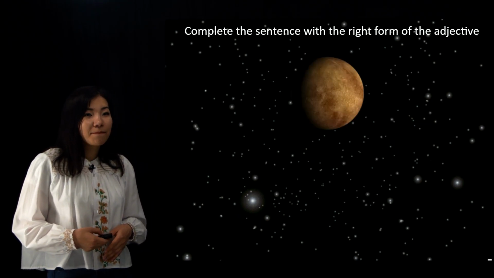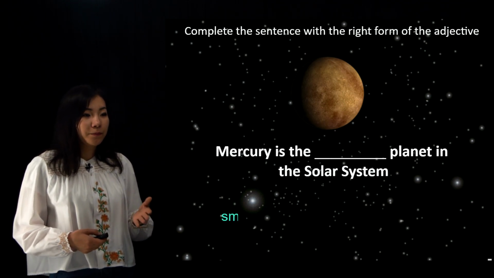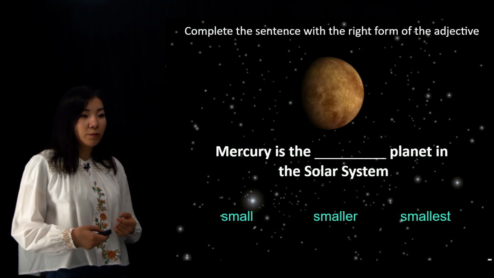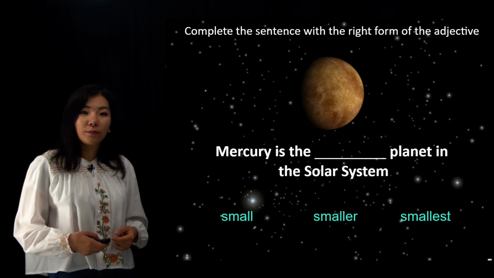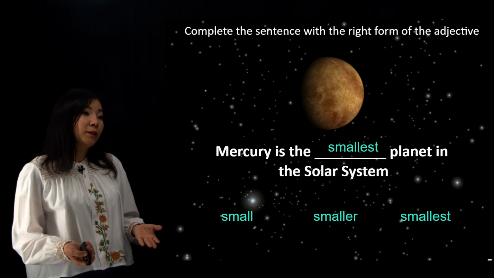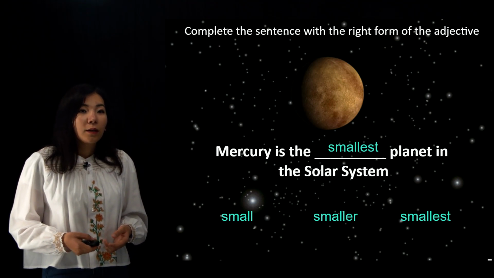Okay, next one. Mercury is the smaller or smallest planet in the solar system. Mercury is the smallest planet in the solar system, so it's going to be in superlative form.